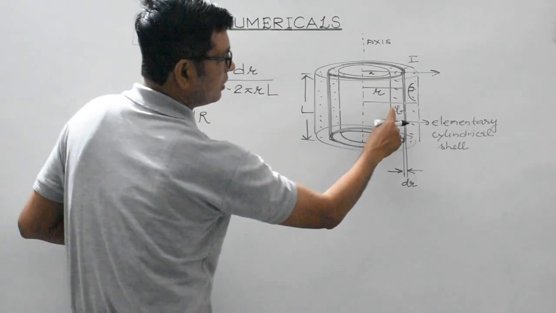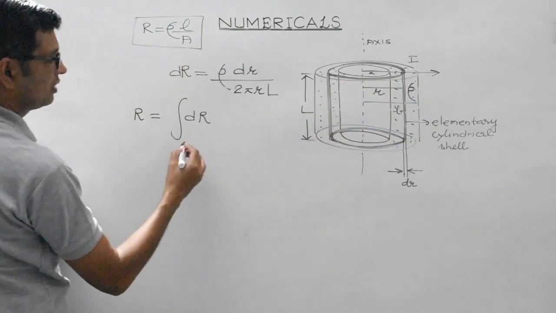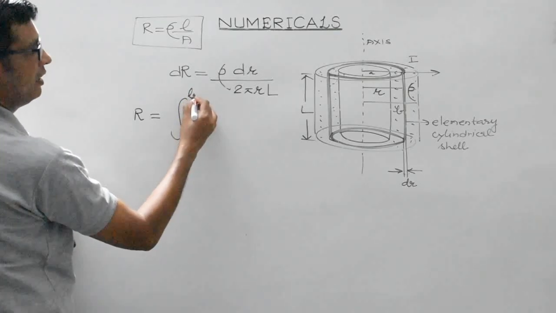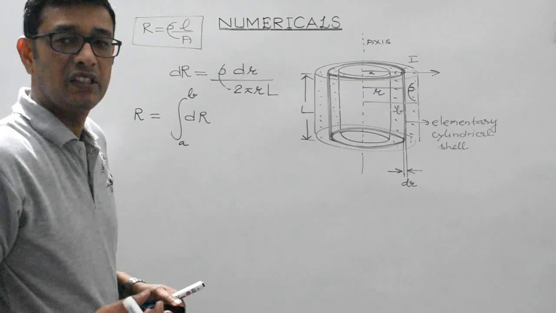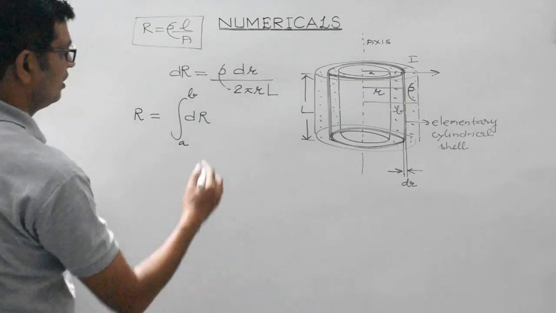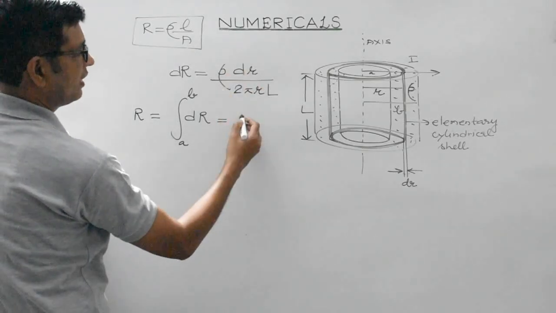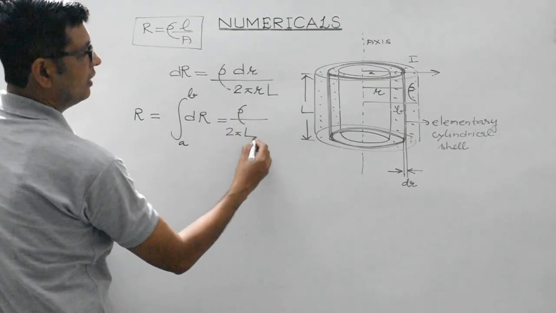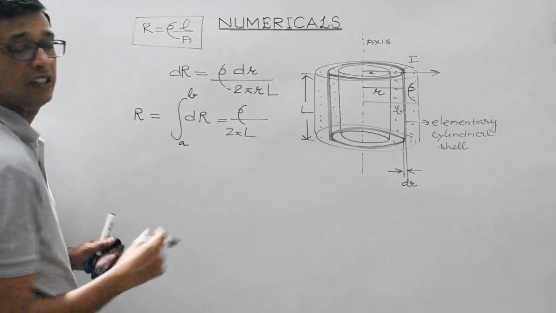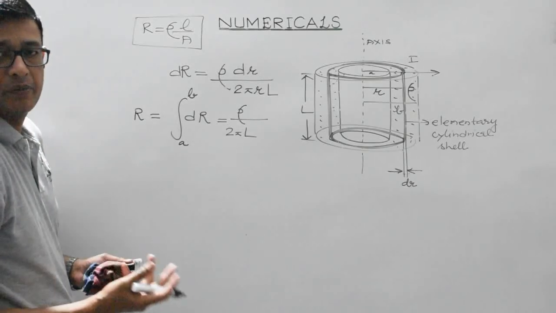Okay. So the net resistance which this conductor will offer would be given by the integration of this. Limits would obviously be from the inner shell to the outer one, that is A to B. A is the radius of the inner cylindrical shell, B is the radius of the outer cylindrical shell. You can take the constants outside the integration. 2 pi L, the length of the cylindrical conductor, will remain constant.